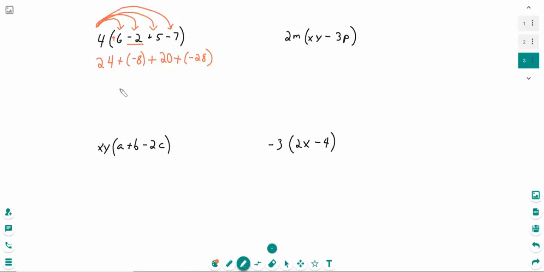Okay, now I can simplify. So I have 24 plus a negative 8. Well, in your head, you can think of that as the same thing as 24 minus 8, which is 16. And I've got plus the 20. And here again, plus a negative 28, you could think of that as just minus 28.